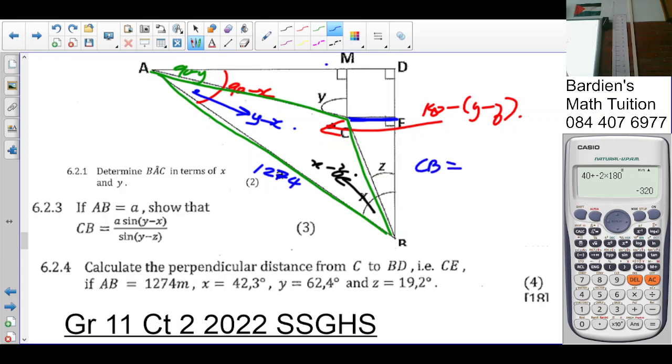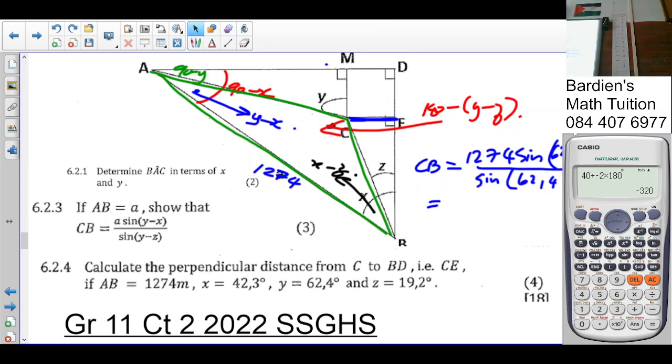So CB is equal to 1274 sine, I'm using the formula that we just proved, of Y, which is 62.4, minus X, which is 42.3, over sine of Y, which is 62.4, minus Z, which is 19.2.